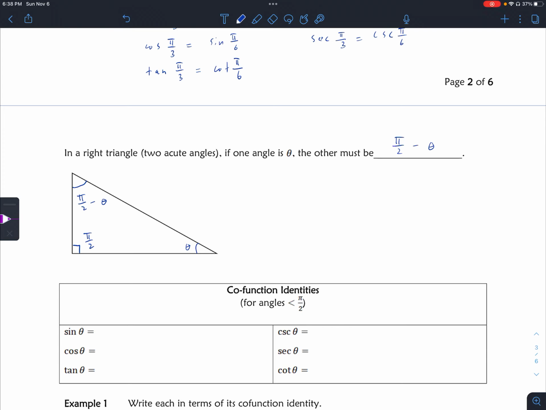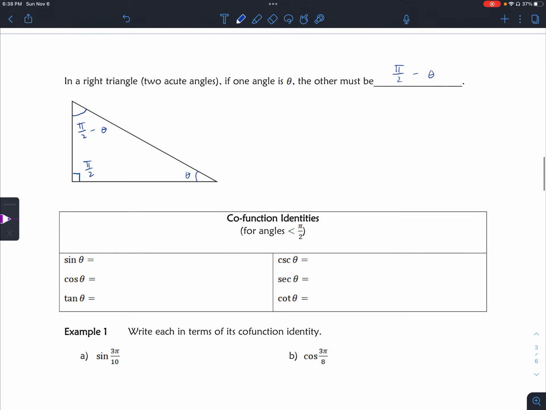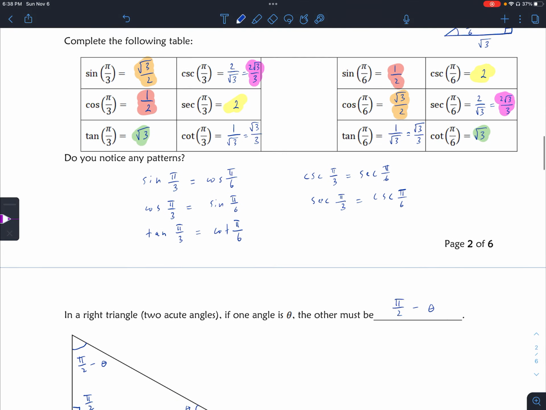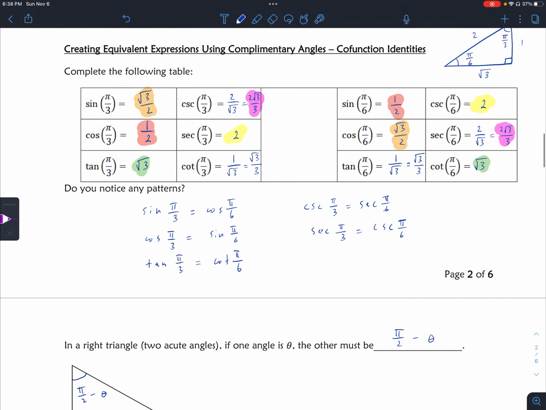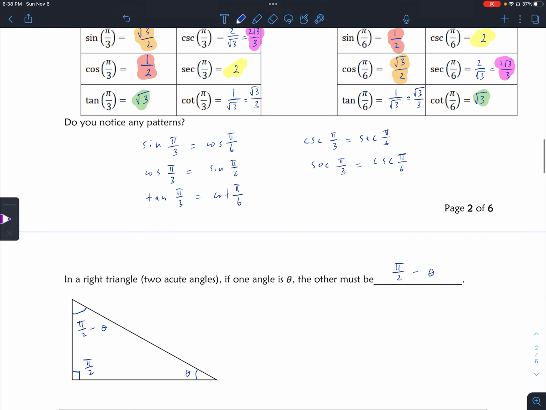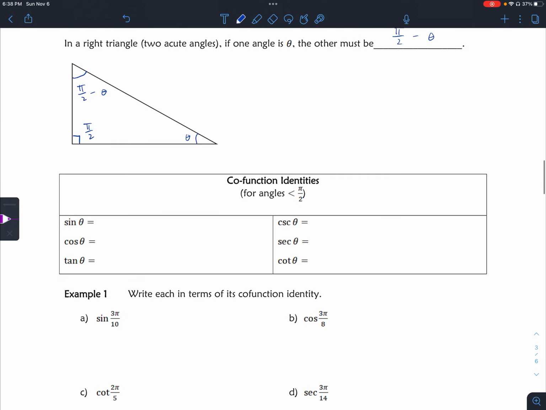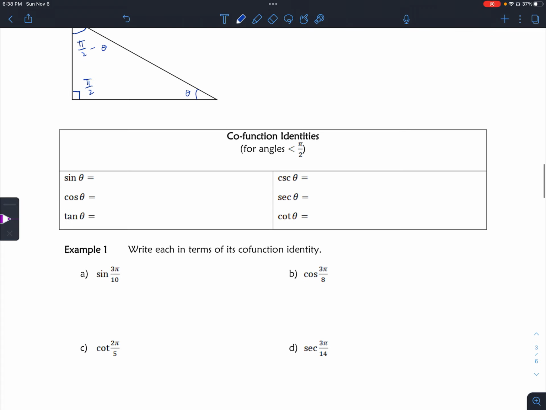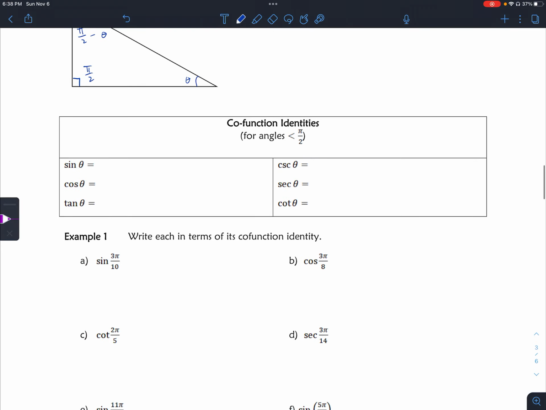Okay, so if that is the case, what we can actually get from this, and also what we saw up top from this investigation, is we can write what are known as the co-function identities for angles that are less than pi over 2. So sine of theta can be written in terms of cosine as cosine of pi over 2 minus theta.